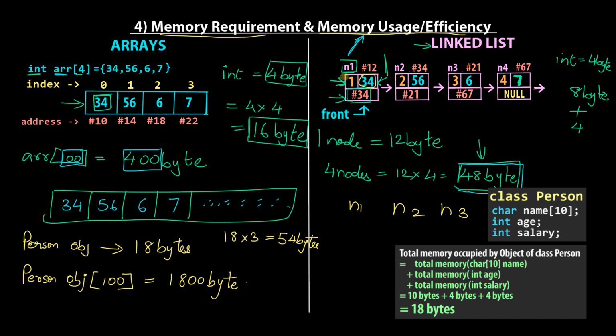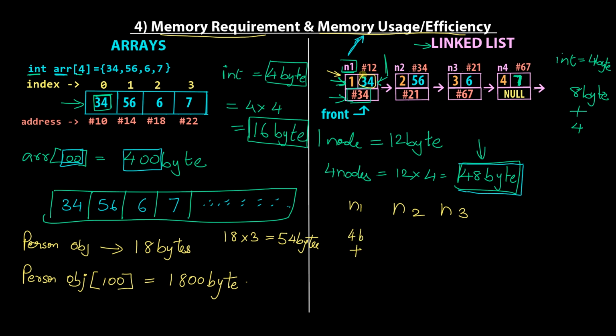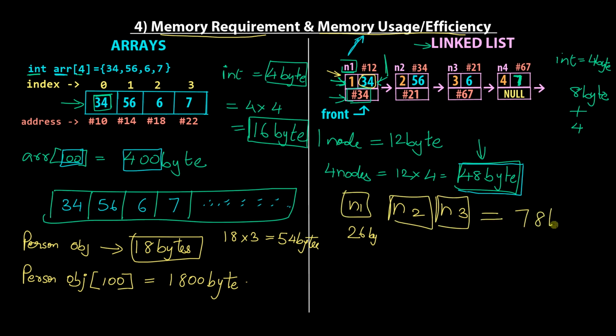So n1 already has one extra key which is taking 4 bytes, plus this person object which we just concluded takes 18 bytes, plus the pointer which takes 4 bytes. So what is the total? 26 bytes, right? So one node takes 26 bytes. So 3 nodes will take how many? They will take 78 bytes of memory when the application is running.